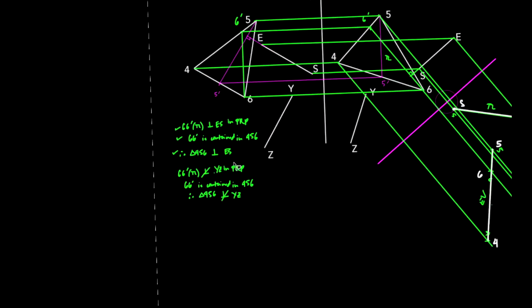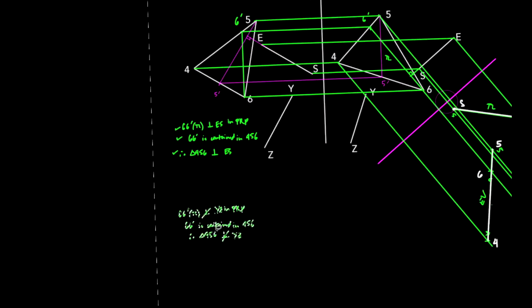So, pwede ko siguro pero itong 6, 6 prime is not perpendicular. Enough na siya kasi kung hindi siya perpendicular to a single true length, enough na yun to prove na hindi perpendicular yung YZ in this particular case. Enough na yun to prove na YZ is not perpendicular to 4, 5, 6.